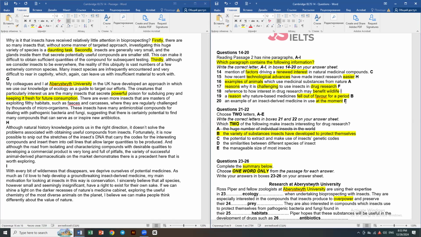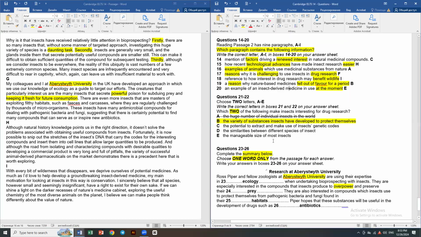Paragraph I is talking about 18. However, the similarities between, we're still left with these two uneasy ones. The potential to extract and make use of insects' genetic codes.